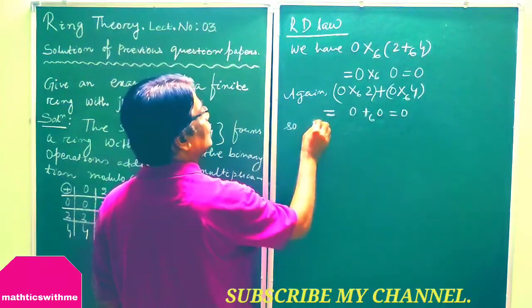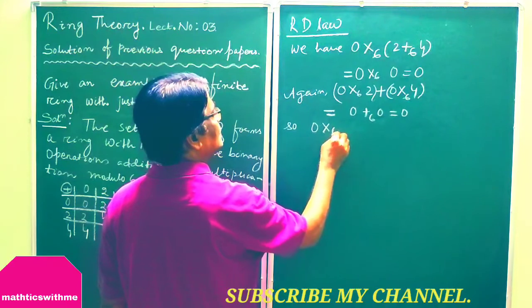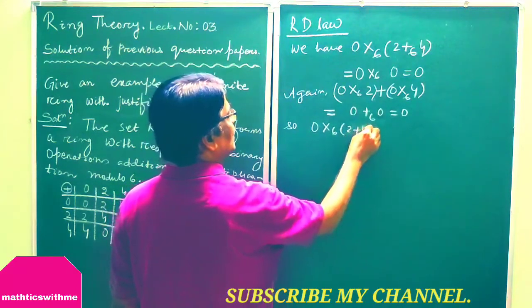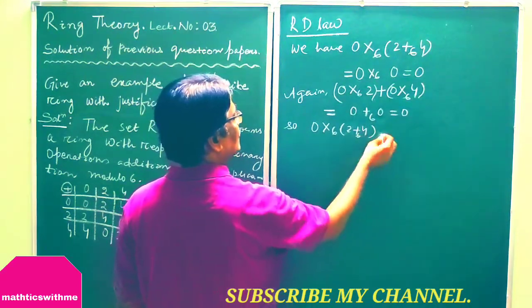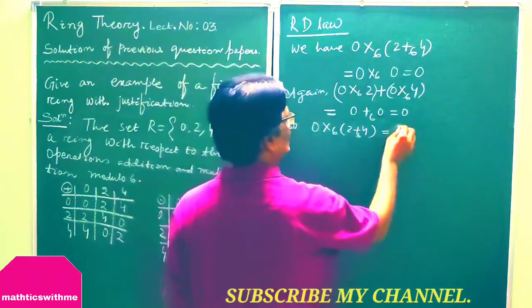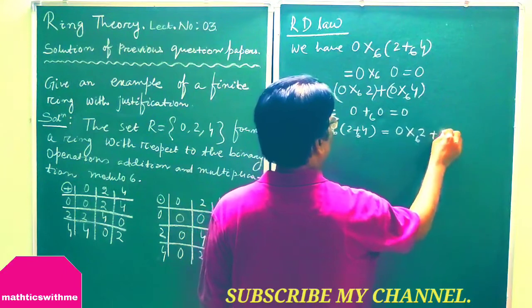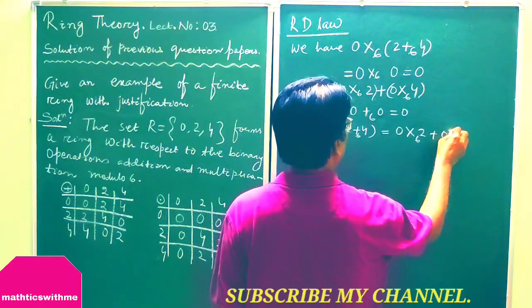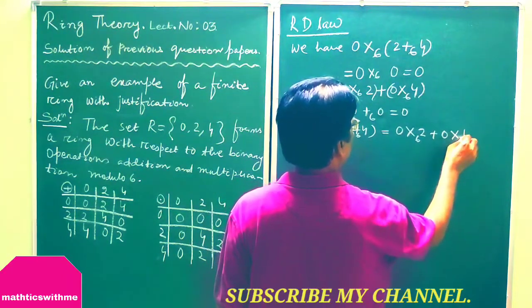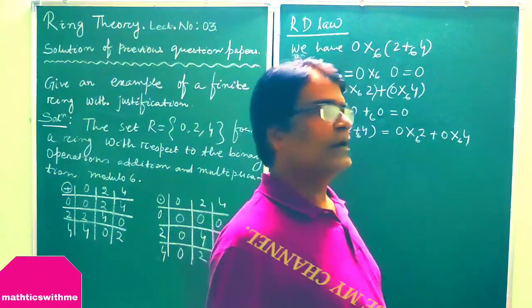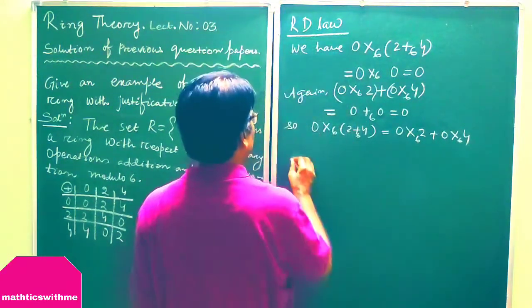So 0 into 2 plus 4 is equal to 0 into 2 plus 0 into 4. So the right distributive law is verified.